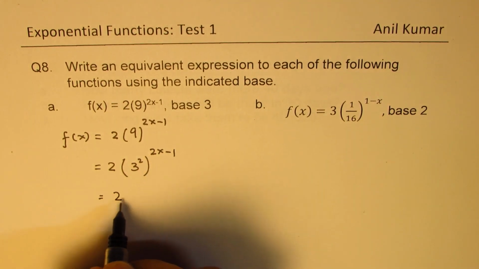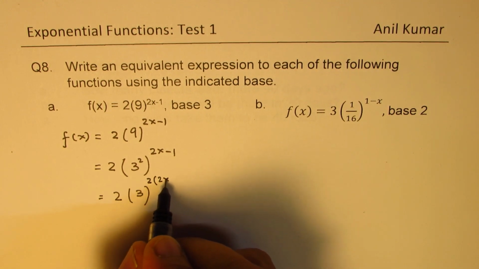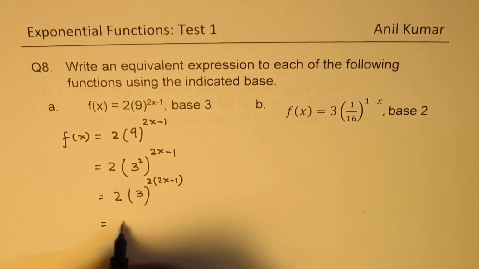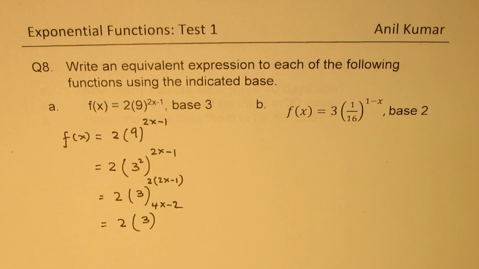We could write this as 2 times 3 to the power of 2 times (2x minus 1), which is 2 times 3 to the power of 4x minus 2. Is that clear to you? That is how we change the base.